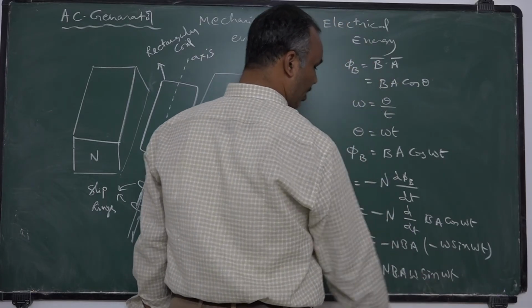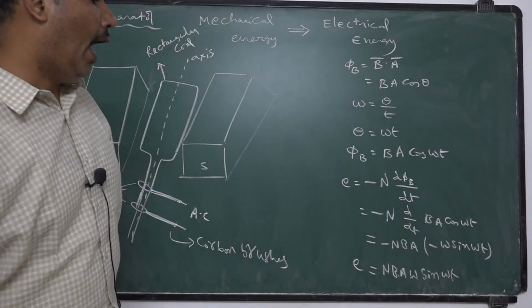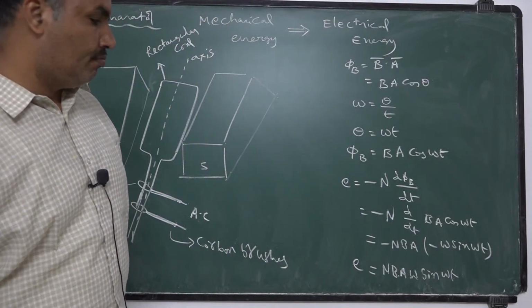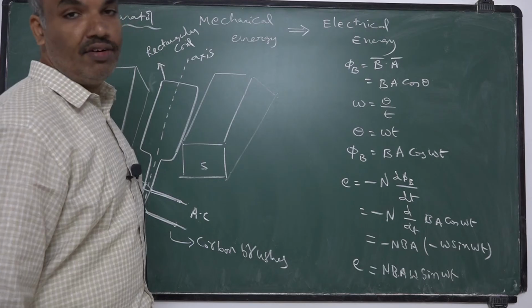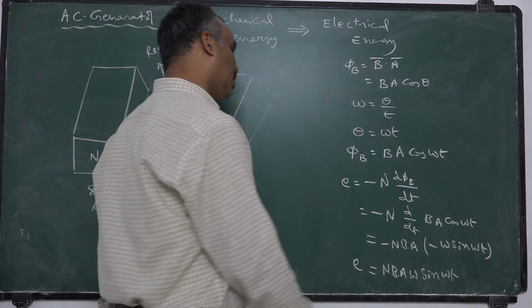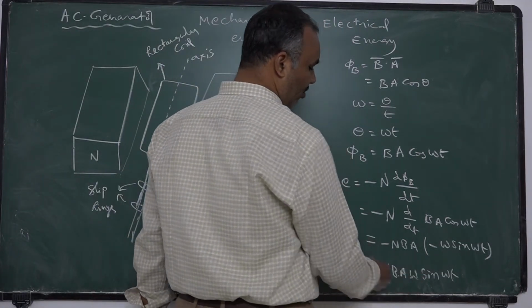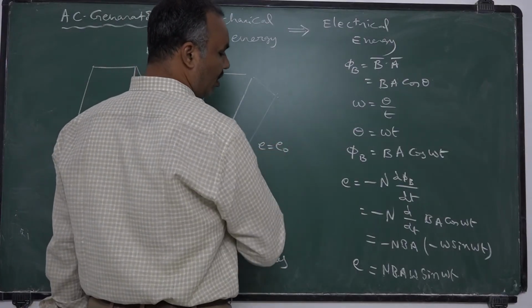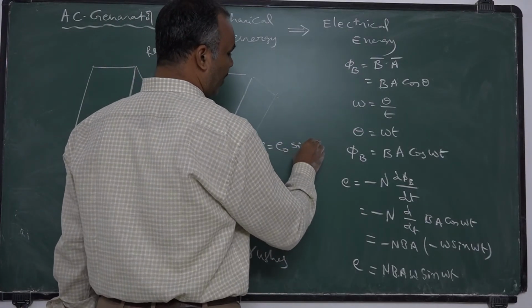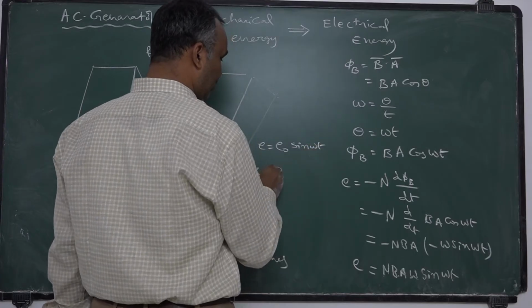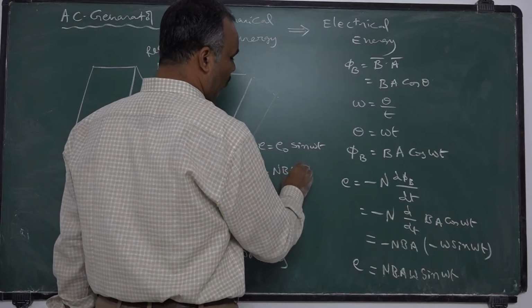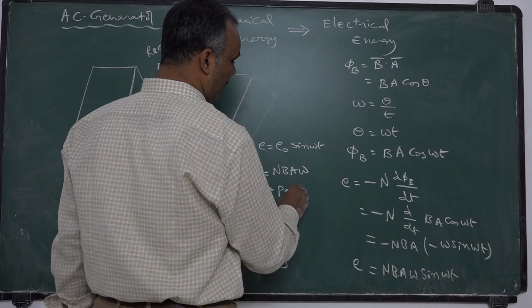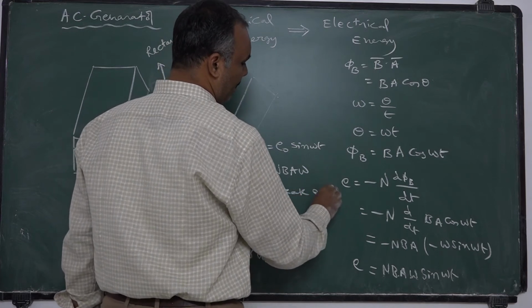Here NBA omega is the amplitude of the sine wave generated, nothing but maximum value of EMF generated. That is called peak value, E naught sin omega t. Here E naught is NBA omega, that is called peak EMF developed.